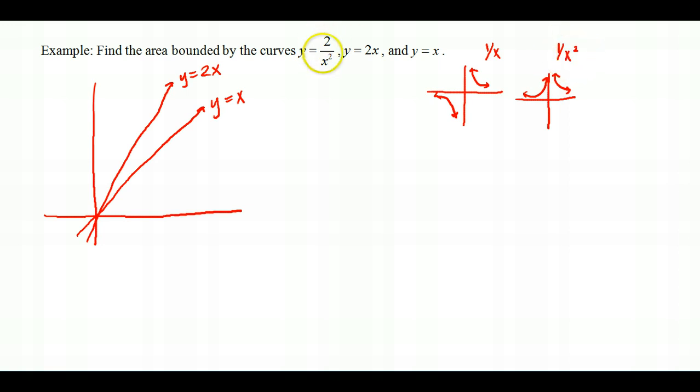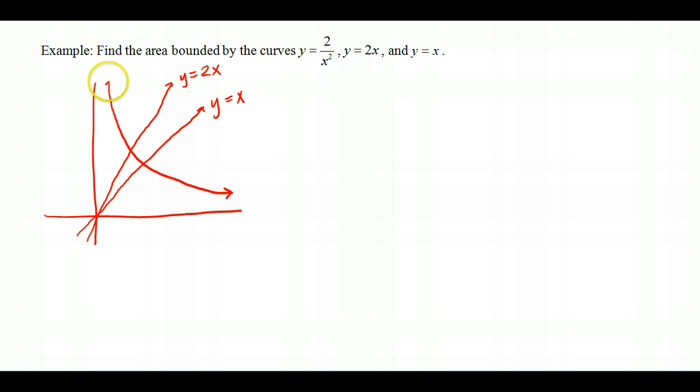Now, a 2 in front of a function does a vertical stretch by 2. So it's still going to have this form. It's just going to look a little bit more elongated here. So again, we're just drawing a rough sketch, enough to be able to find the region. So let's erase these two, and then we're going to draw 2 over x squared. So only in the first quadrant here. So let's go ahead and graph 2 over x squared.